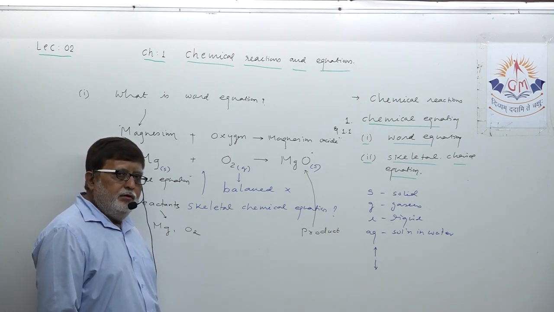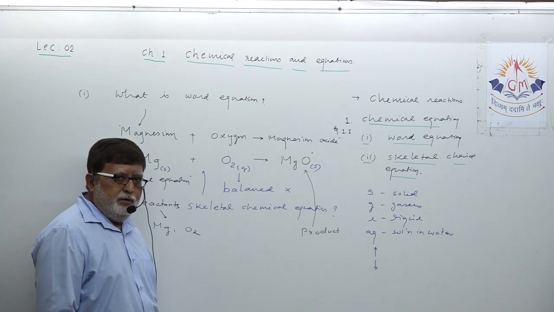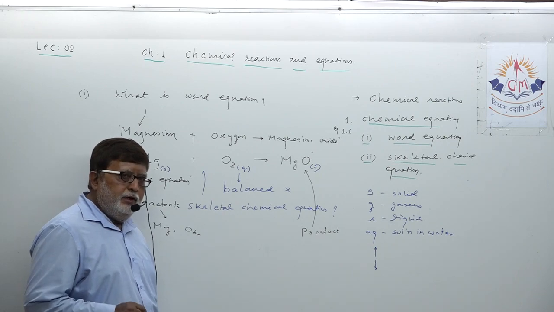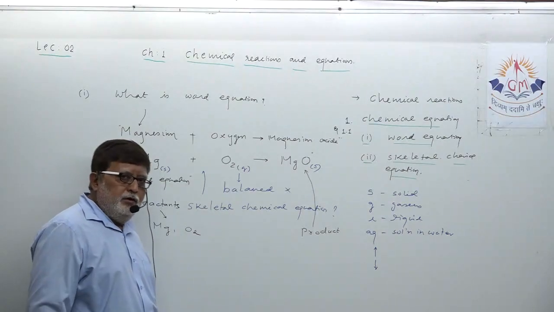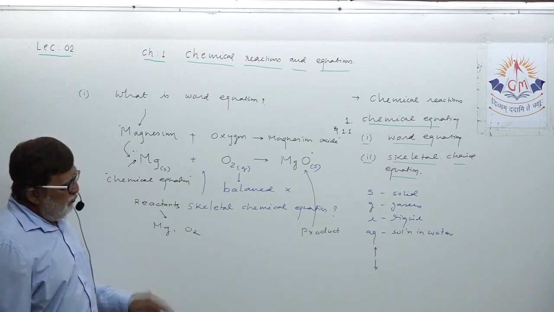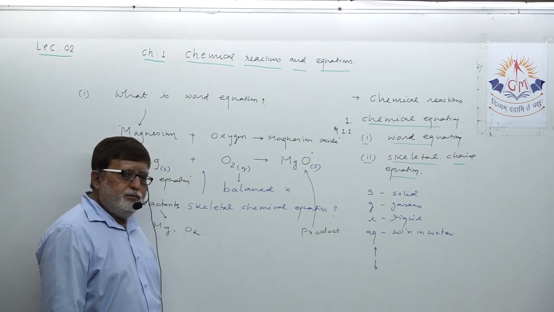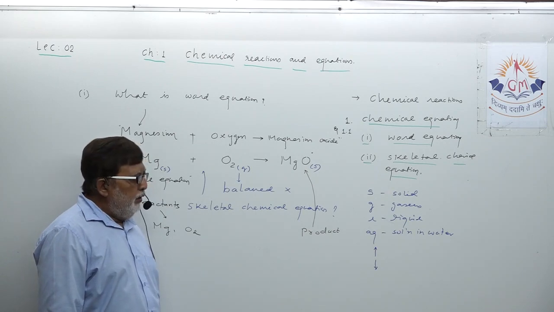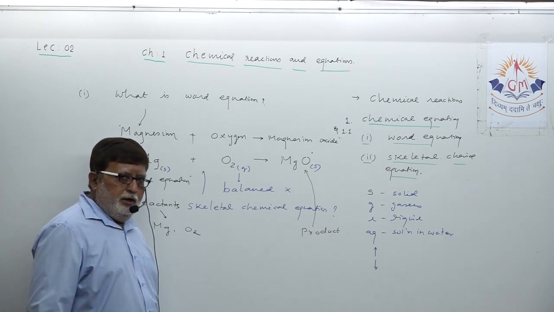Upward arrow shows the substance escaping into the atmosphere. Downward going arrow actually shows the precipitation of any particular substance. Understand? So these are some features of any chemical equation.